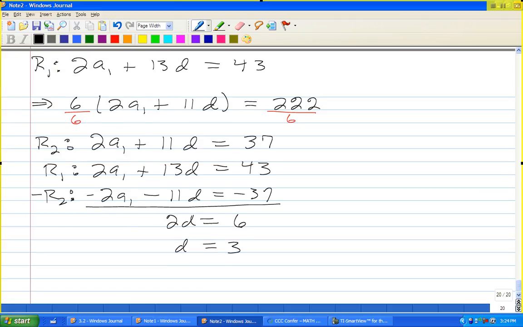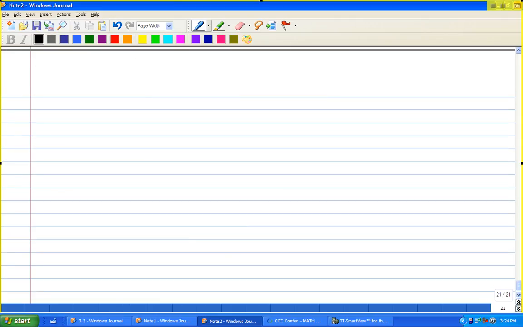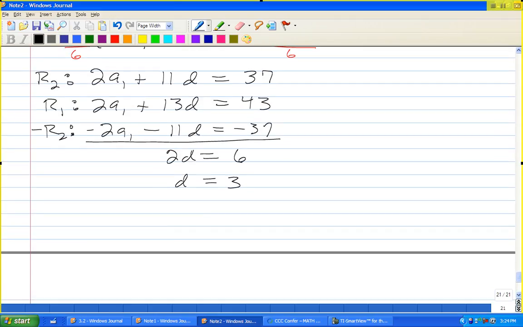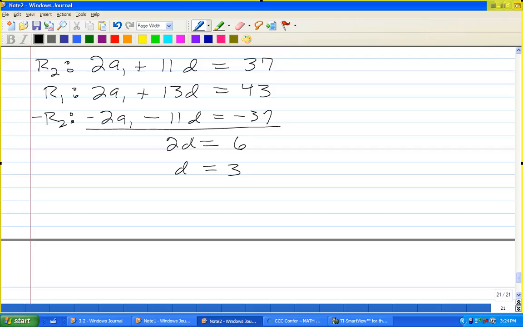Let's figure out what A1 is. So from R2, I get 2A1 plus 11 times D is 37.